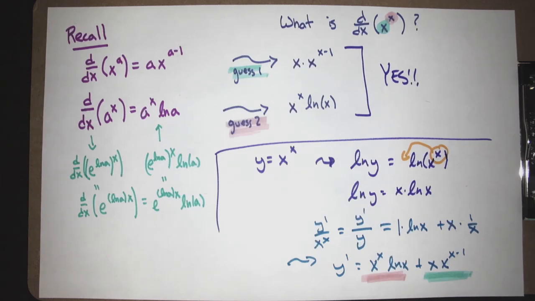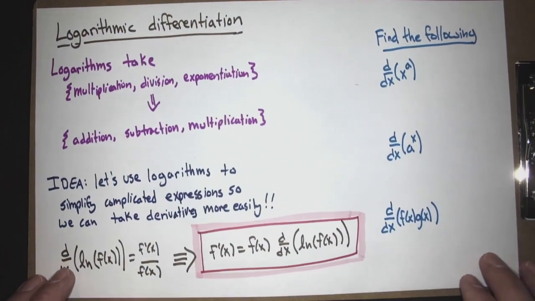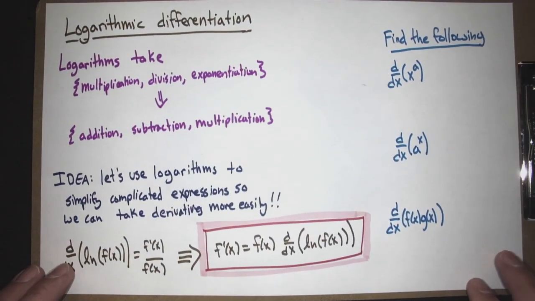All right. Well, this is a very simple example of a really cool idea, and that's called logarithmic differentiation. Now, what's the point? The point isn't that logarithms are how we take the derivatives. Logarithms are how we simplify what we're trying to take a derivative of. What can logarithms do?